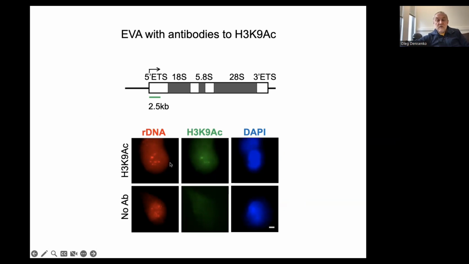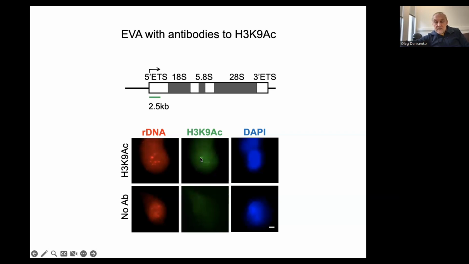So when we use the EVA probe to this locus, we can visualize multiple dots as expected. And these genes are clustered. That's why we see dots of irregular size. The antibodies in EVA were to acetylated lysine 9 on histone H3.